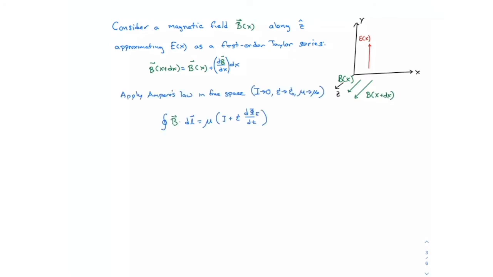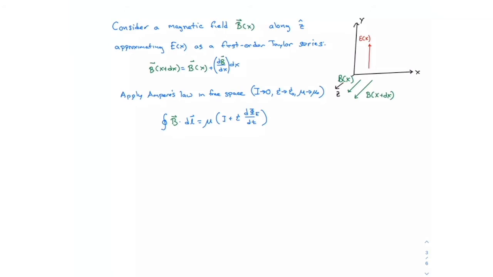So I'm going to apply Ampere's law to this. So recall Ampere's law with Maxwell's correction looked like this. B dot dl around a closed loop is equal to mu naught times I enclosed. And Maxwell's correction said we also have to include this displacement current, epsilon times the changing flux. So I'm going to consider Ampere's law, but I'm going to consider this in a vacuum.